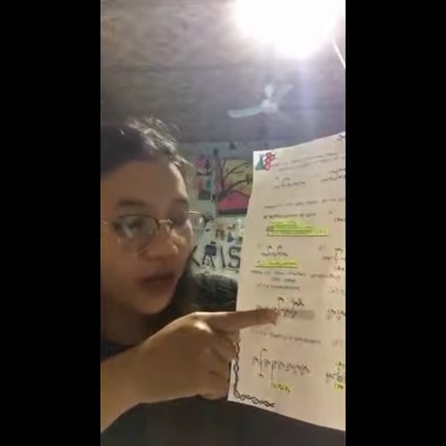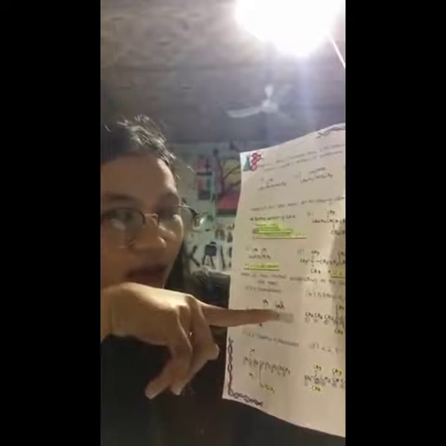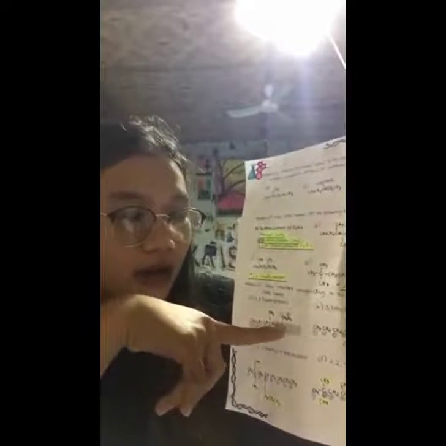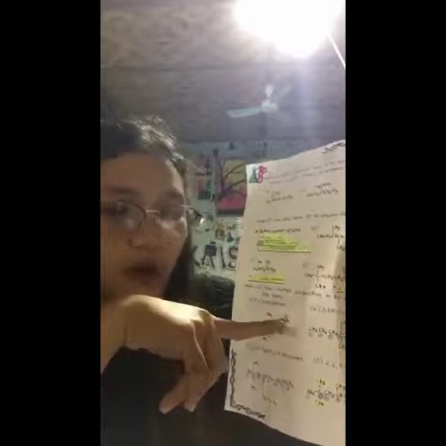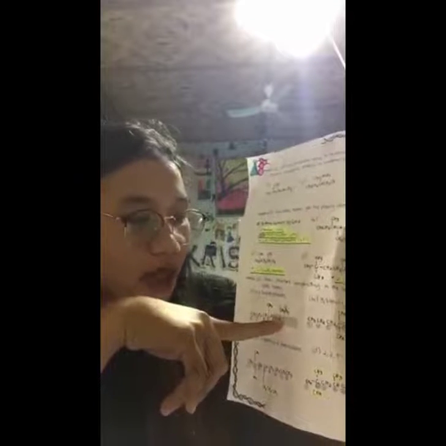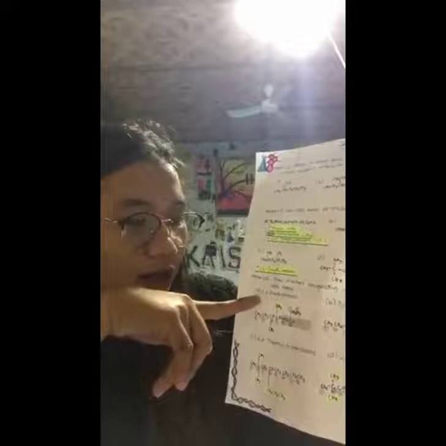Another is on C4, where there is also a CH3. And the last is on C6, where there is a CH2CH3, which means ethyl, because the substituent consists of two carbons. So that is how it became 3,4-dimethyloctane.